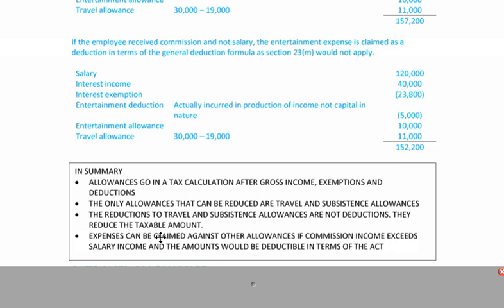They reduce the taxable amount. We put 11,000 in. We don't claim it as a deduction. And expenses can be claimed against other allowances if commission income exceeds salary income, and the amounts would be deductible in terms of the Act. Entertainment is deductible in terms of the general deduction formula. But look where it is, before the allowances.